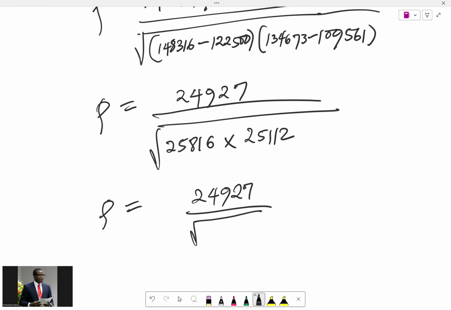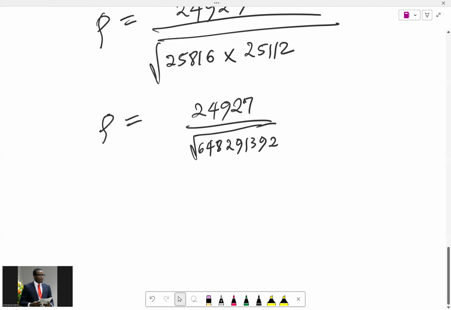25816 times 25112. That is the square root of 648,291,392.